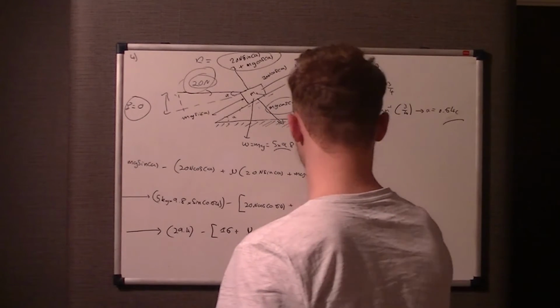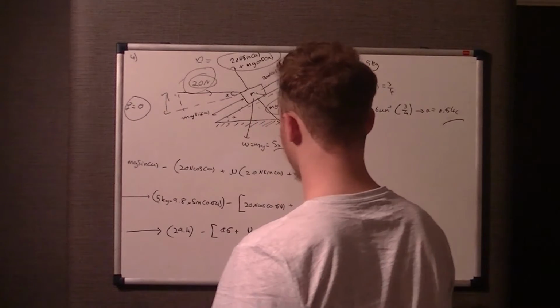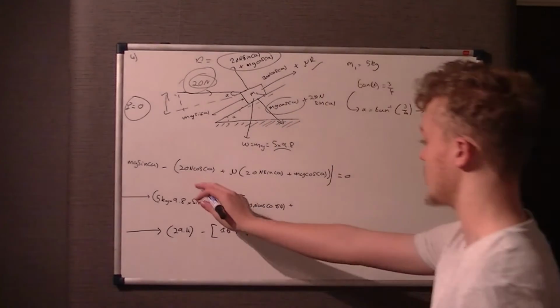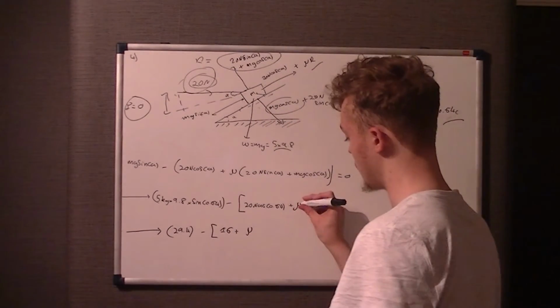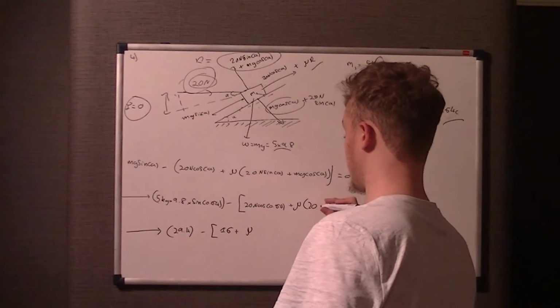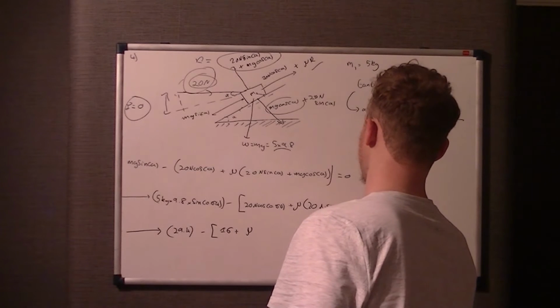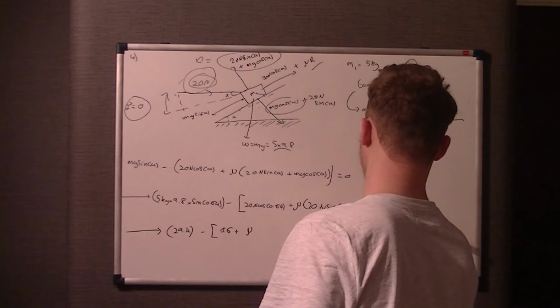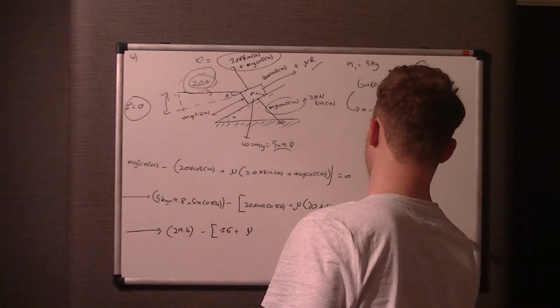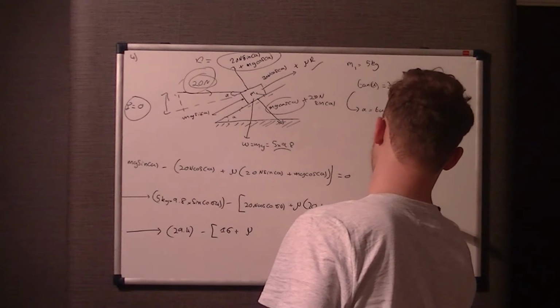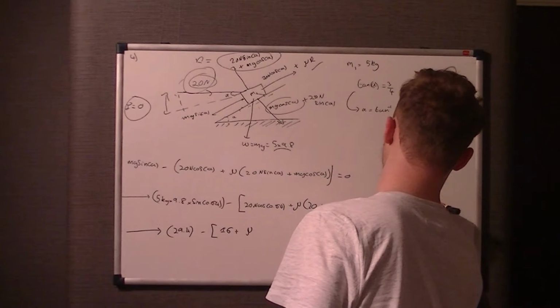Oh, I do apologise, I made a bit of an error here. So 20 cos alpha plus μ, I do apologise, 20 newtons sine 0.64 plus 5 kilograms times 9.8 times cos 0.64.